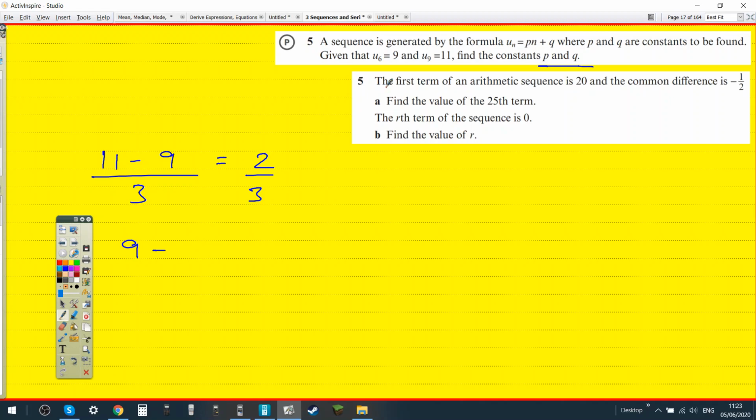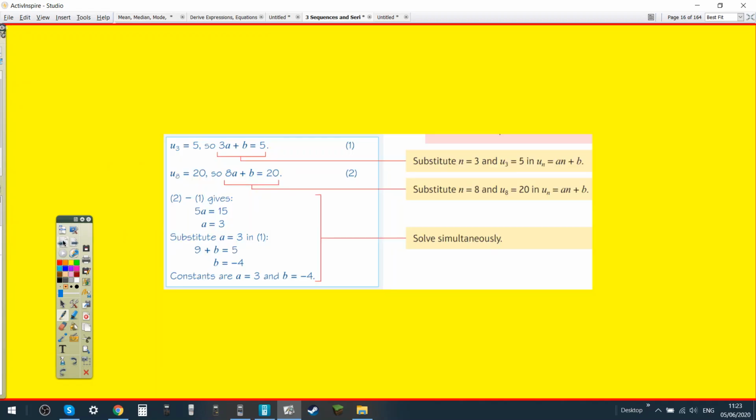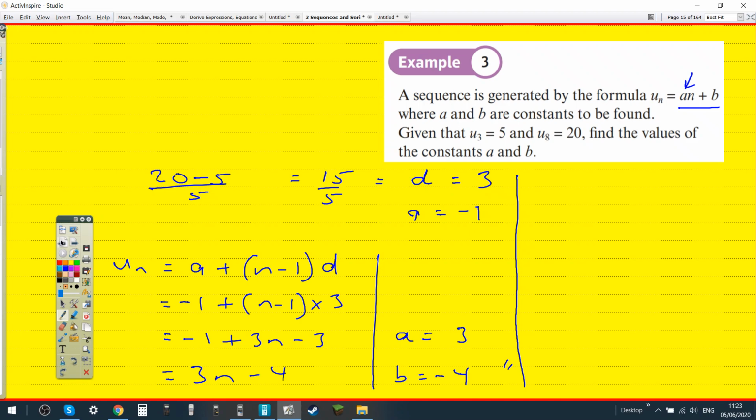Let me see. What did we do the last time? The last one, we were at U3. We had to times it by 2 because U3, U2, U1. What was this one?